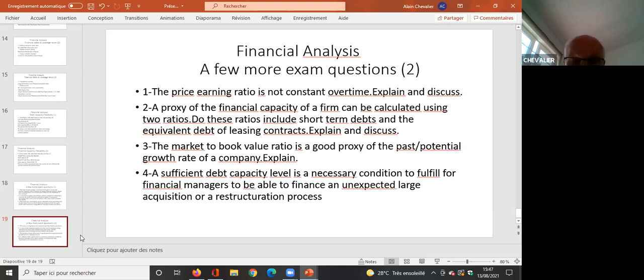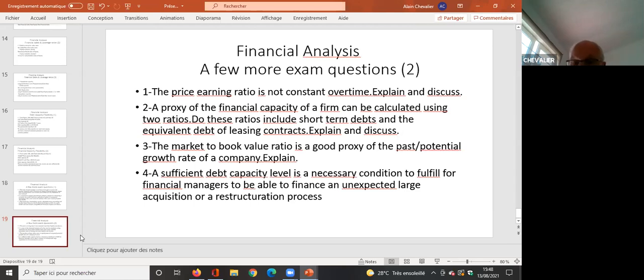Even the average price earning ratio of a market is not constant over time. It depends on macroeconomic events and behavior. Interest rates first, because it's a very simple element. When the interest rates go up, many investors buy bonds because bonds are supposed to be less risky than shares.